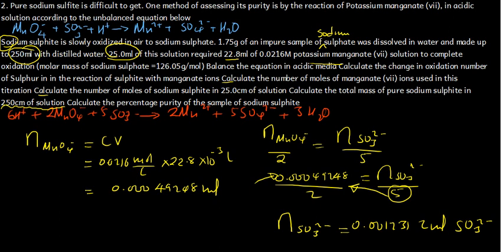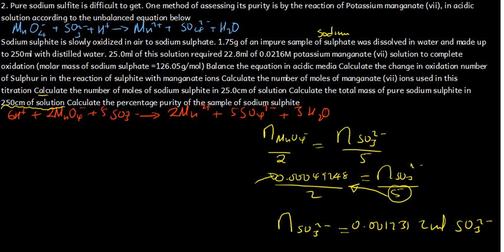Okay, so this is actually a very interesting question. So let's go on. Now, as I said earlier, this sample was dissolved to make this volume. Now this volume only got this portion.